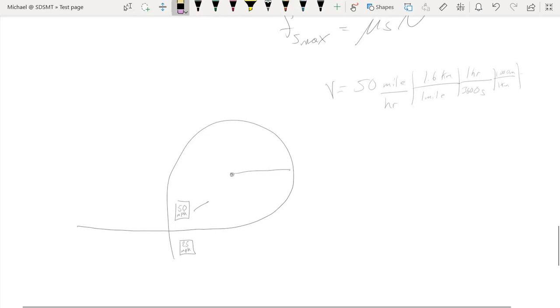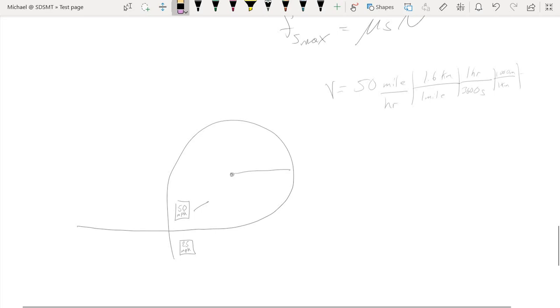Oh. So 1.6 kilometers per mile. That's right. We've got 3,600 for the seconds. That is correct. Oh, I forgot my 1,000.